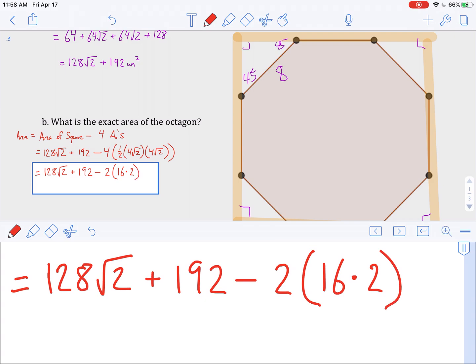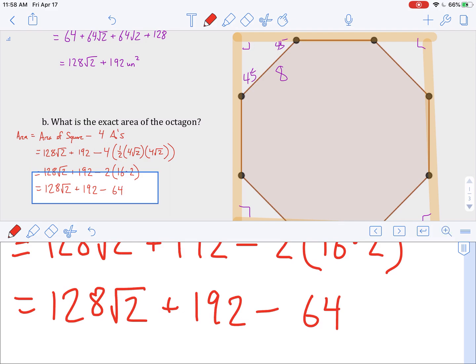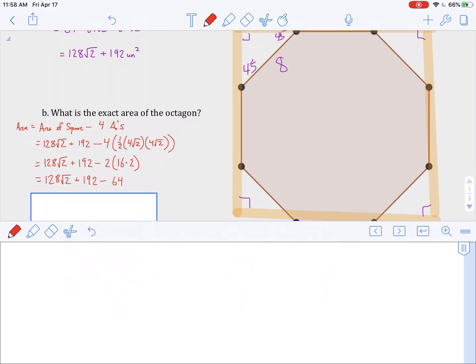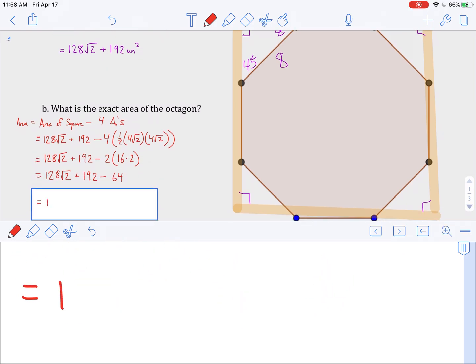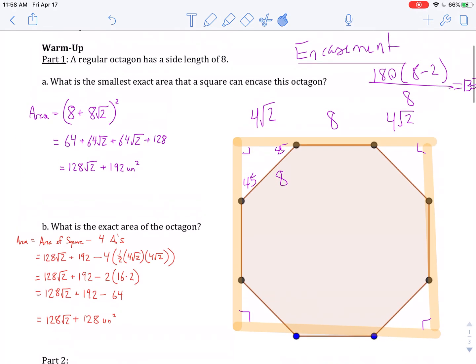So 16 times 4, so minus 64. So our final answer for the area of the octagon is 128 root 2 plus 128 units squared. So not too bad for that warm-up.